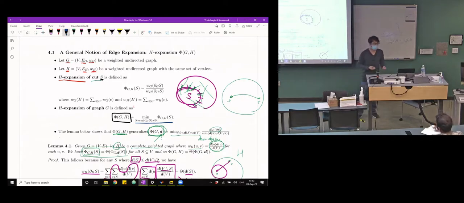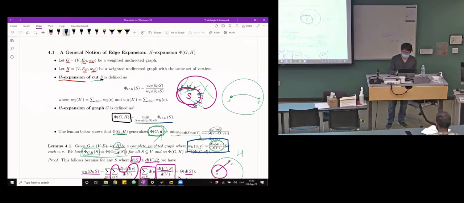So for example, if H has only one edge between S and T, then H expansion is the S-T min cut. Now if H is defined to be a complete graph with some weight on the edges, and we set the weight correctly, then H expansion is the conductance.